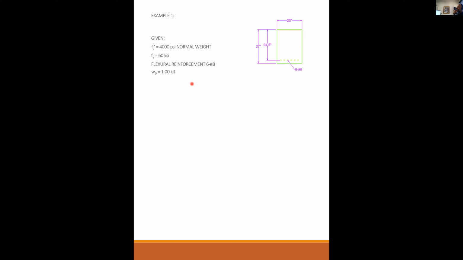It is possible. Yeah, I mean that scenario is possible. To calculate the self-weight, you just take the dimensions of the beam and you multiply the dimensions to get the area of the beam, you divide it by 144, which is inches squared per foot squared, to get to square feet.